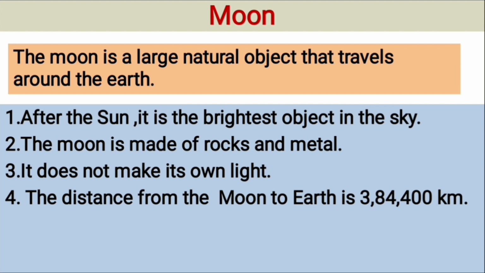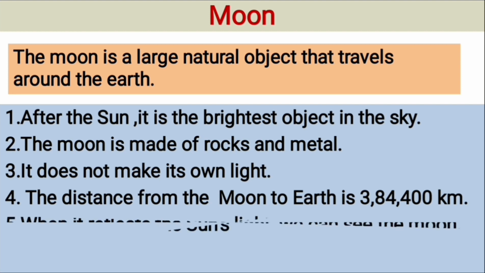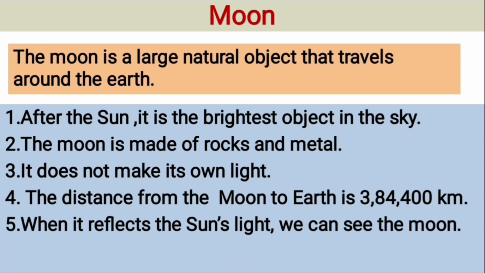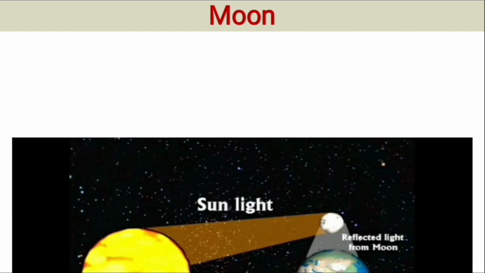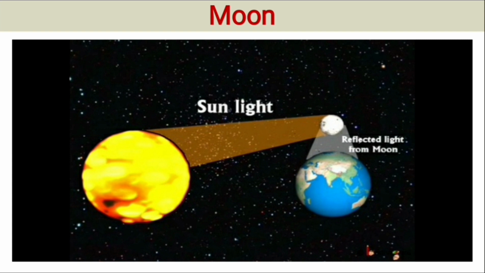The distance from the moon to earth is 3,84,400 kilometers. Number 5. When it reflects the sun's light, we can see the moon. Let's see the picture. In this picture, we can see moon is reflected light to the earth, and this light mainly comes from the sun.